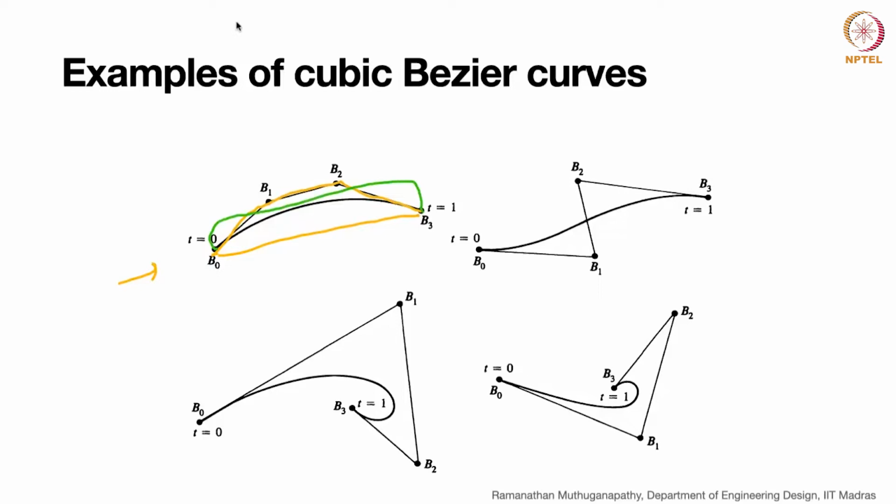In the next case, you can see that this is the convex hull, bounded by these two lines, and the curve lies within the convex hull and follows the tangent of the first and last points. Now, can you tell any other property?